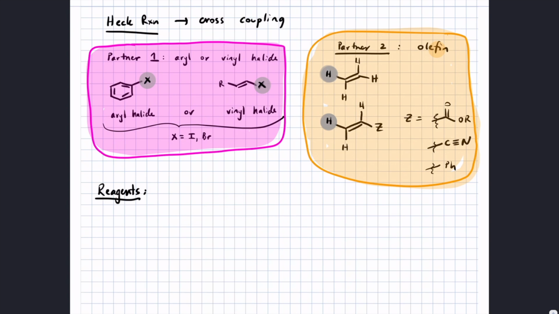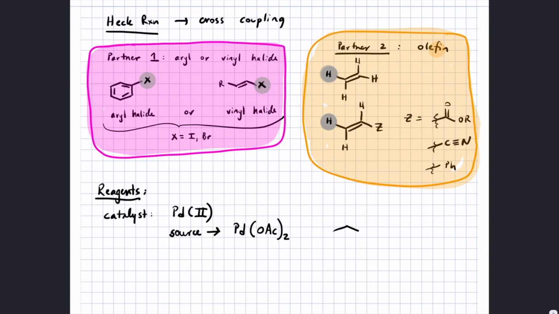First, you need the palladium-2 catalyst. That's palladium in its +2 oxidation state. A typical source of palladium-2 is in the commercially available compound palladium acetate.